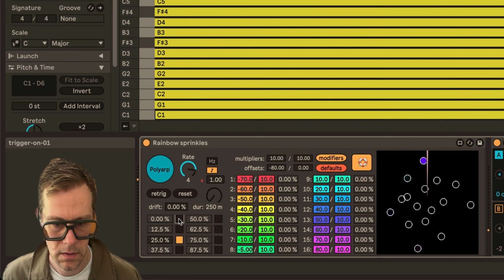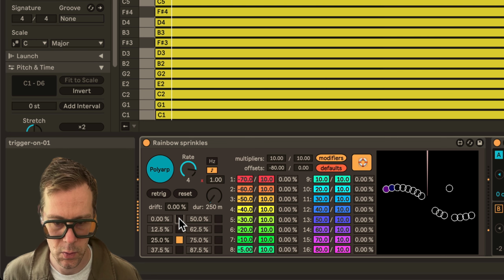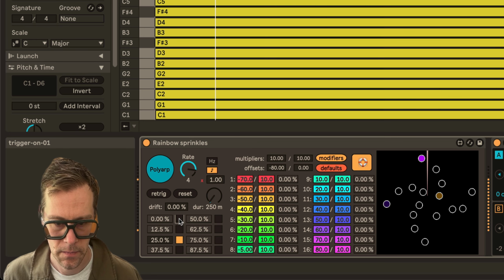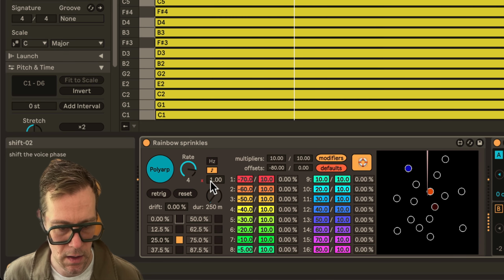So you get some pretty cool effects like that. Okay, so that's Polyarp, folks.